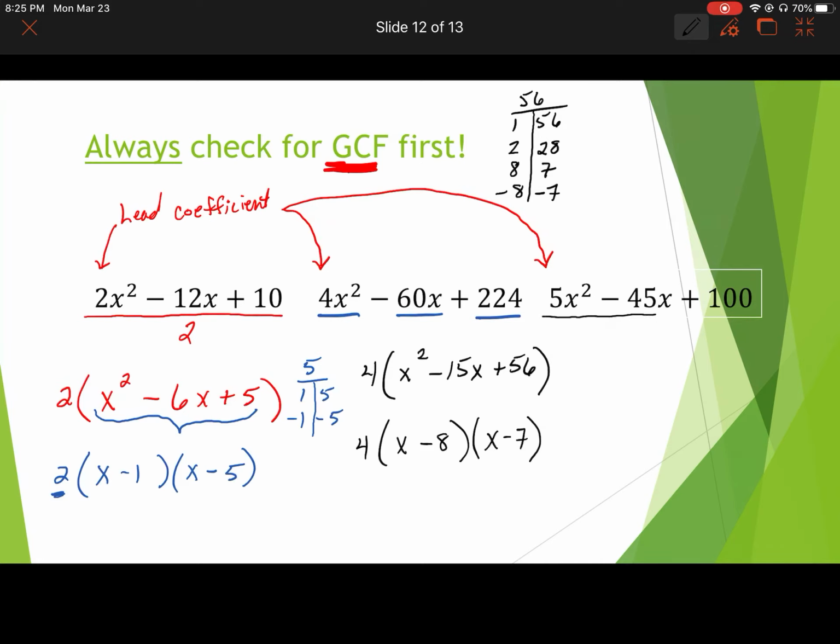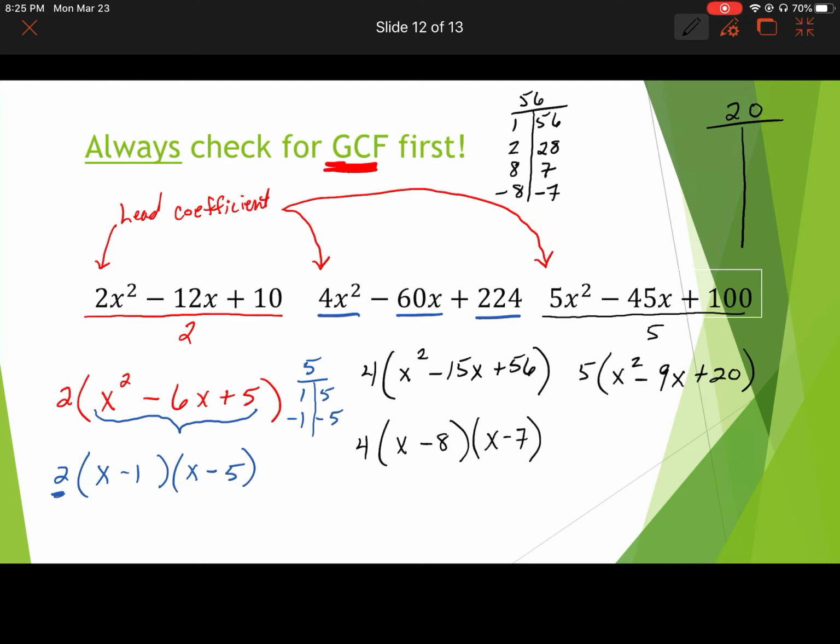Okay. Third one, we've got a common factor of 5. So divide everything by 5. X squared minus 9x plus 20. Looking for the factors of 20 that add up to 9. Right, I'm not going to bother writing 1 times 20.